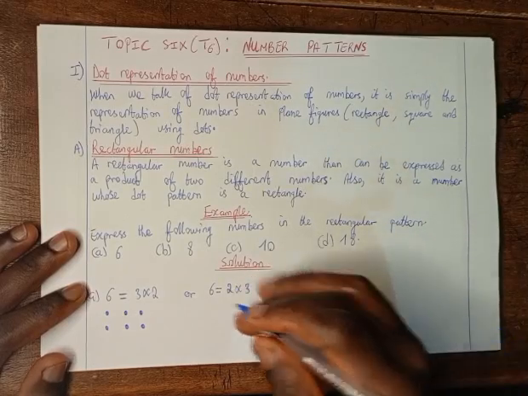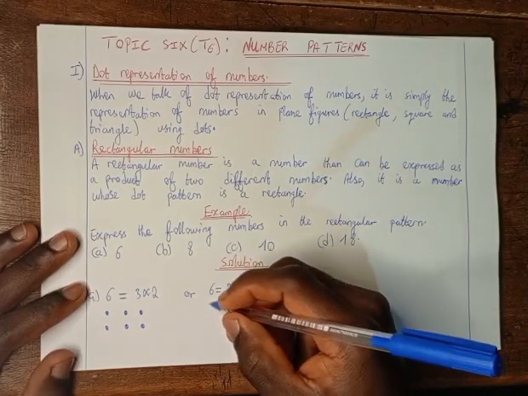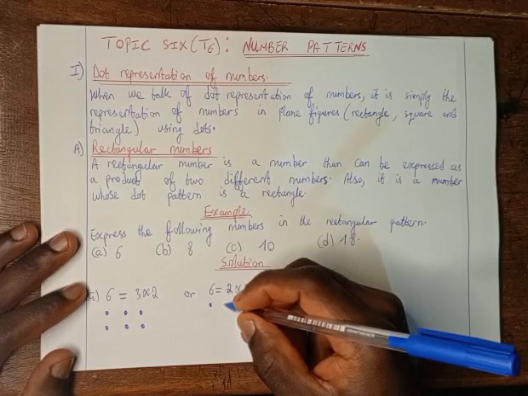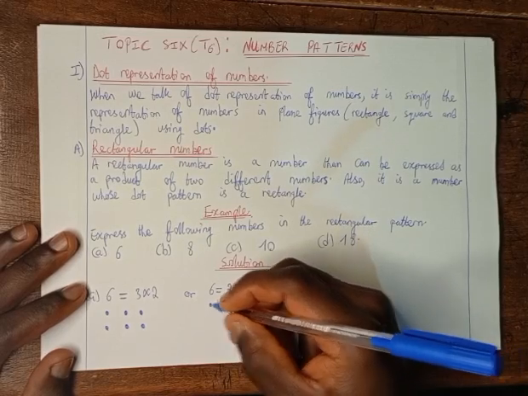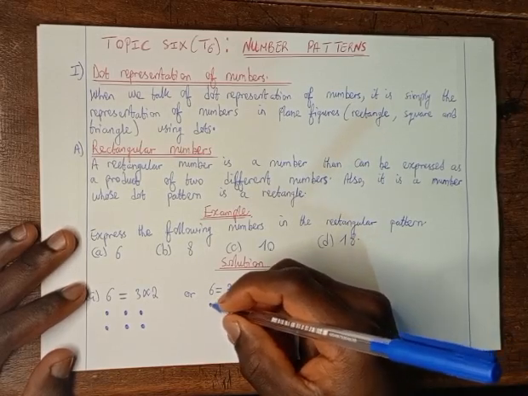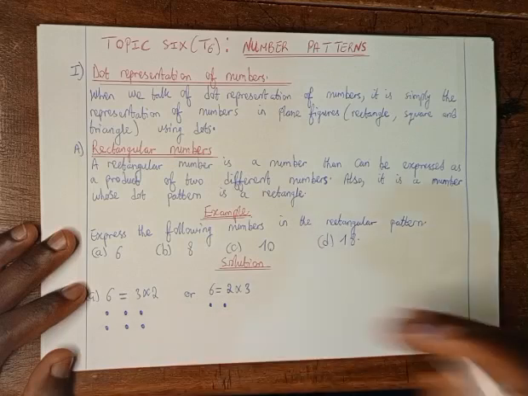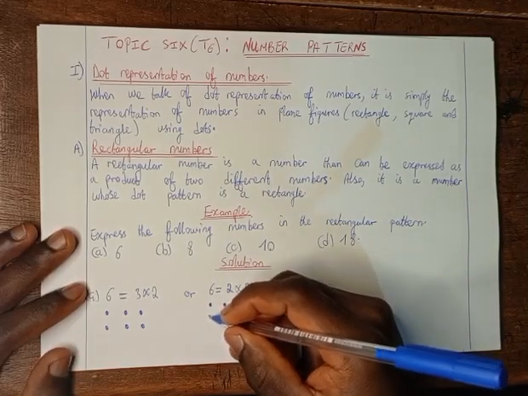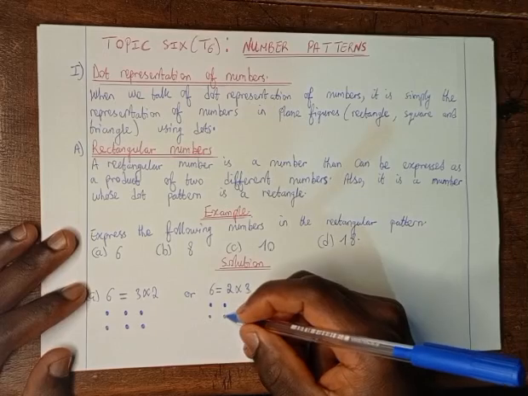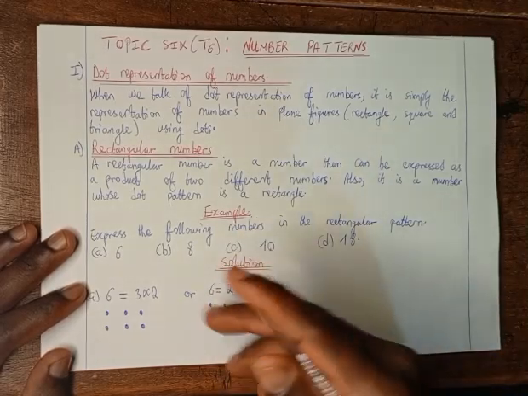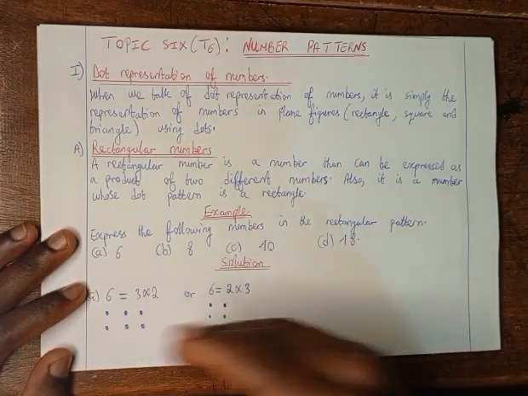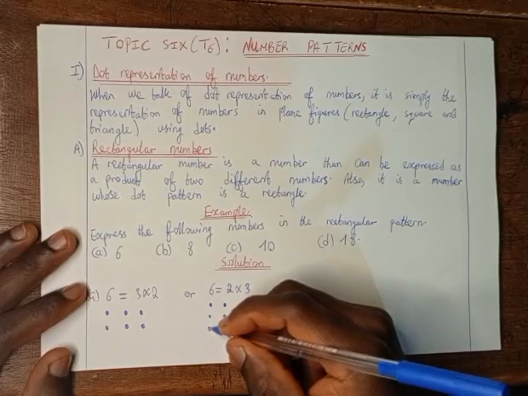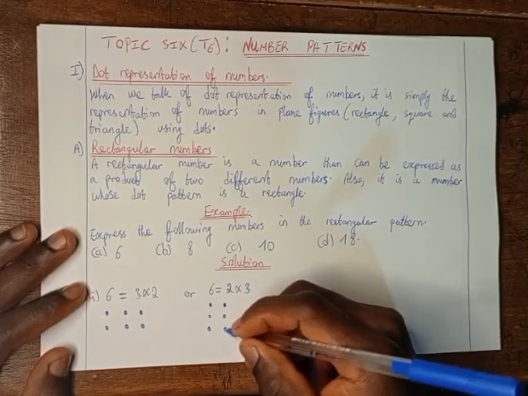In this case, it simply means we have 2 dots in a row, and in a column, we have 3 dots. This is a column. This is a row. So we can express it as such.